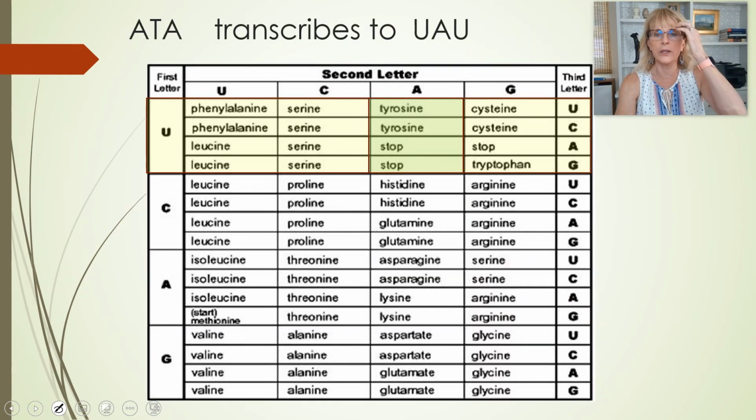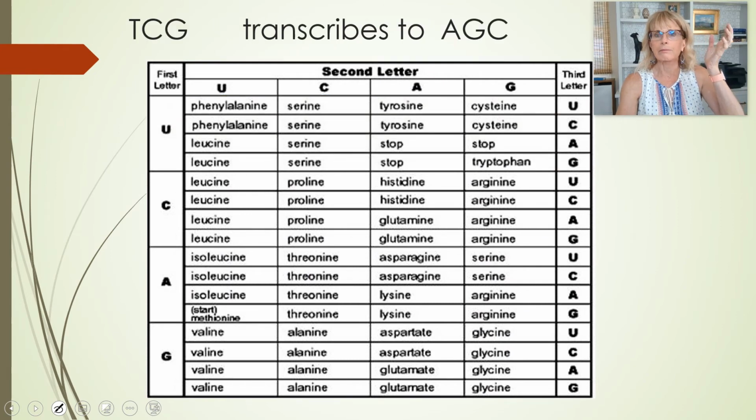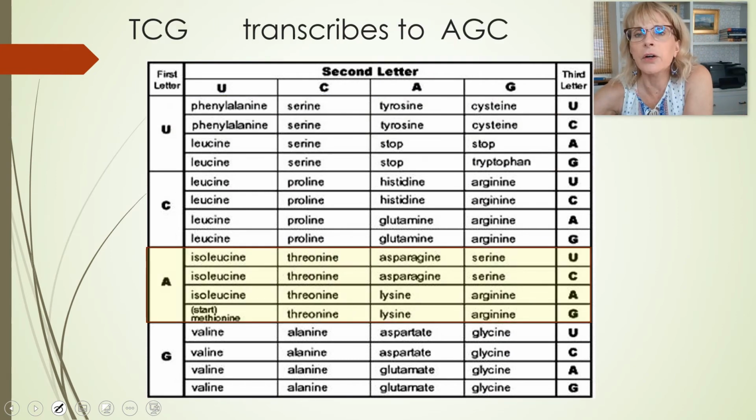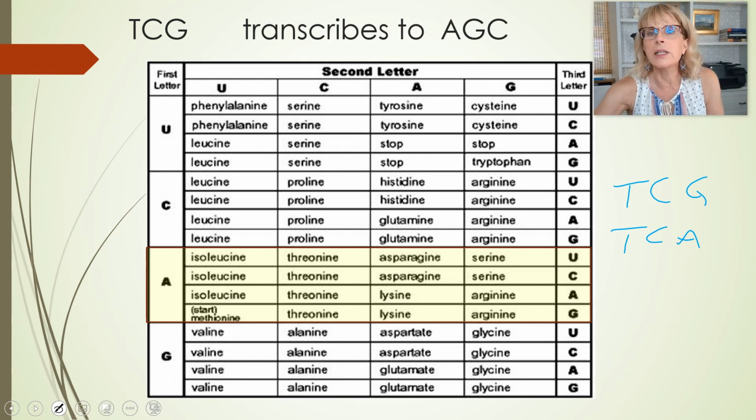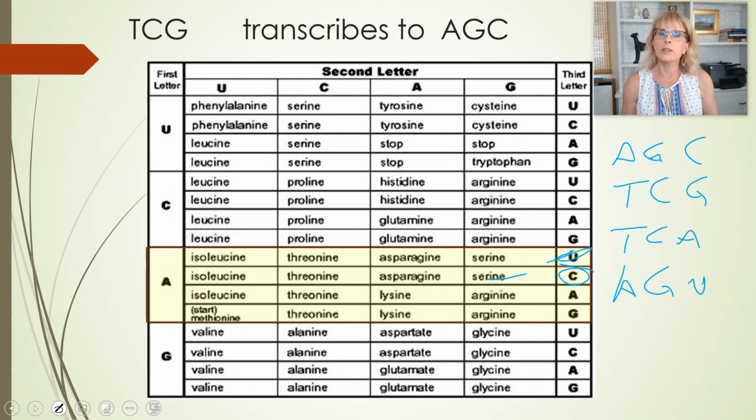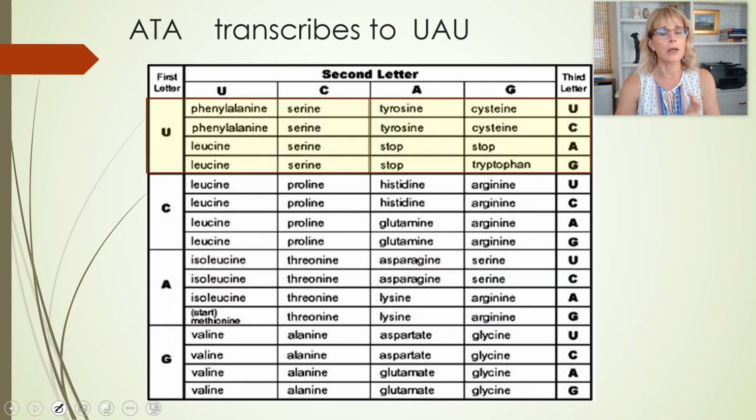Now, remember, let's go back here, oh, it got erased. Back here, if instead of having TCG, I had TCA, that would have been a point mutation. TCG is AGC, and AGC is serine, and TCA is AGU, and it's still serine, right? That would be an example of a point mutation. Now, point mutations are not always benign, not always.